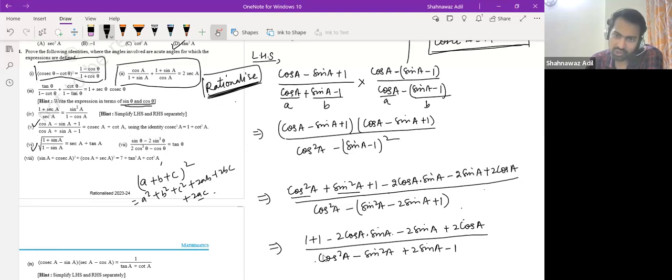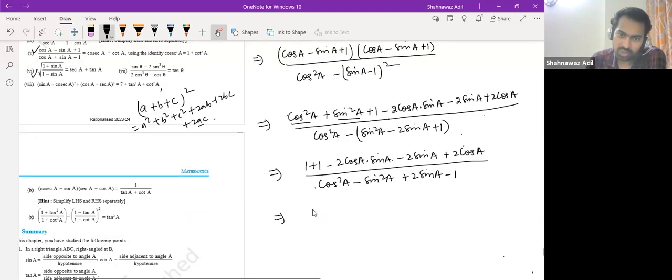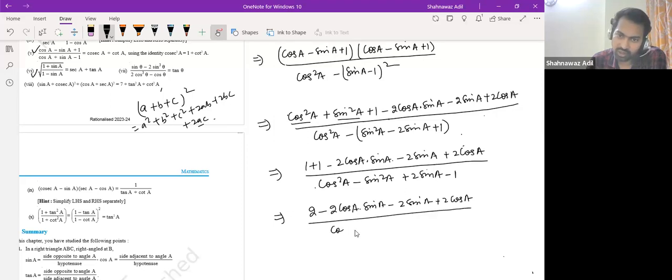Right. So in the numerator we have 2 minus 2 cos a into sine a minus 2 sine a plus 2 cos a, and this is cos square a minus sine square a plus 2 sine a and minus of 1.